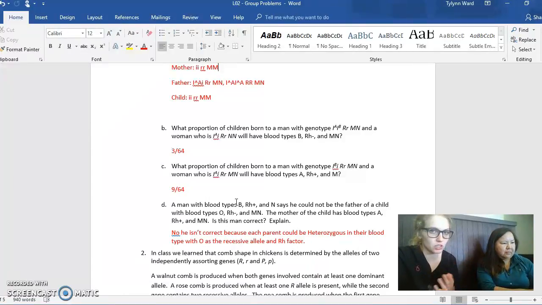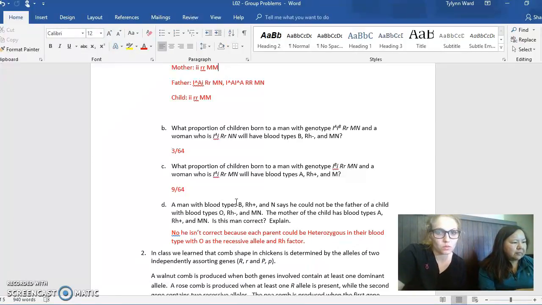So it's giving us the genotype, and it's asking us the possibility of a certain phenotype. So the possibility of them having a blood type of B would be 1/4. And then the possibility of them being RH positive would be 3/4.